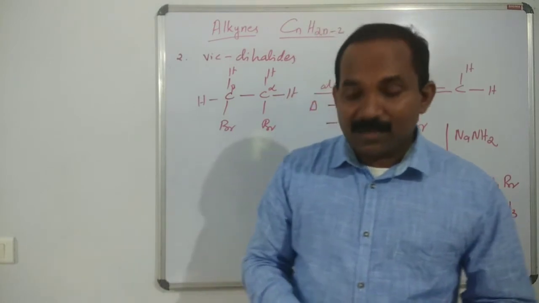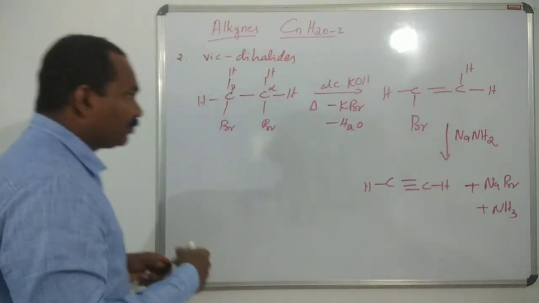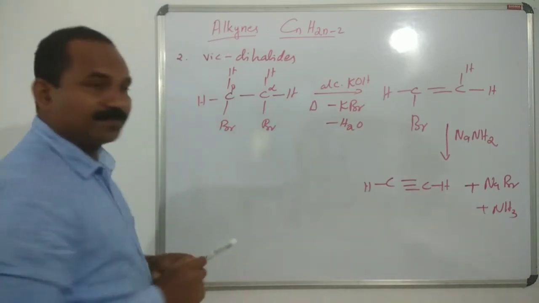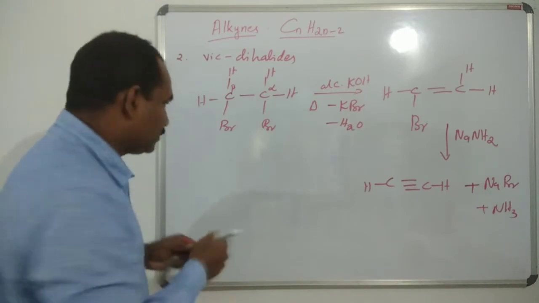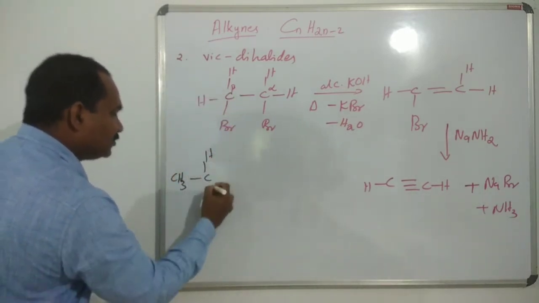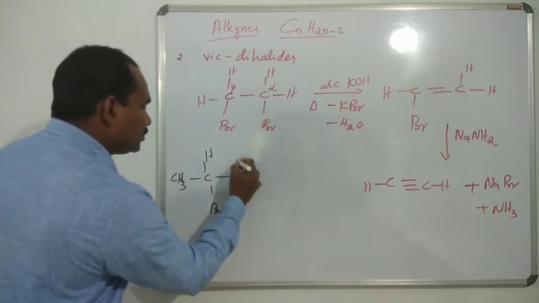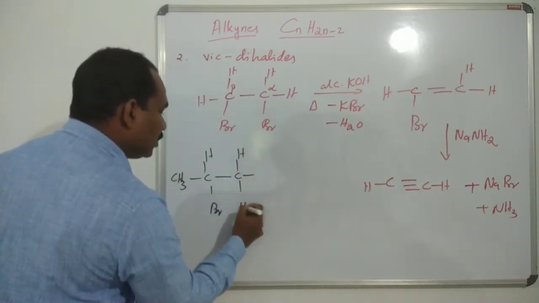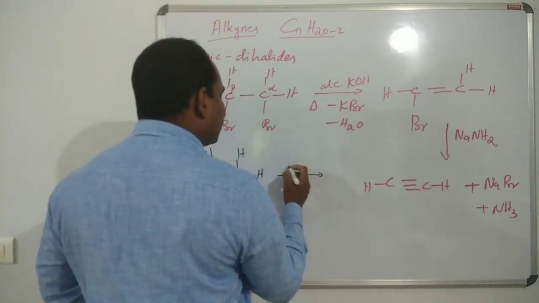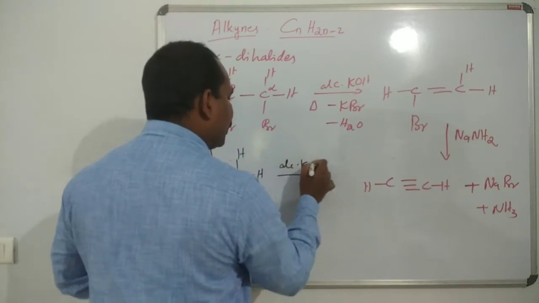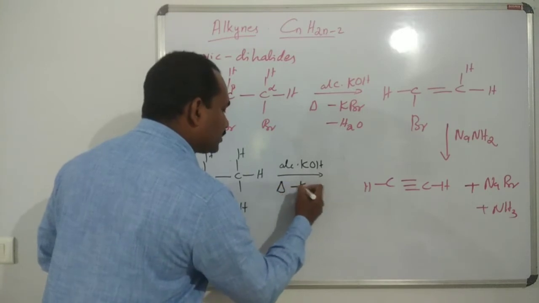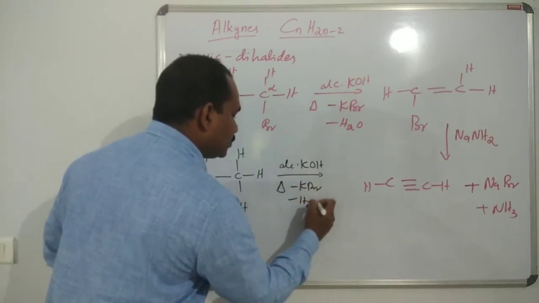Then, in the case of higher alkyne preparation, instead of one alkyl group present here, we get higher alkynes. I will explain one example. CH3, CH, Br, C, H, H. First of all, we treat it with alcoholic KOH, minus KBr minus H2.